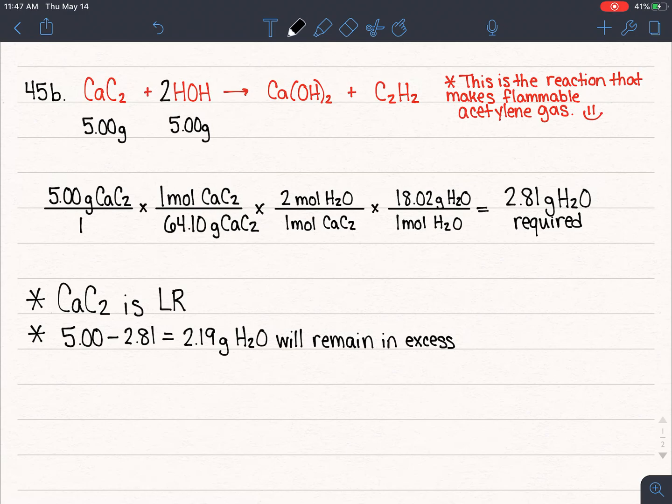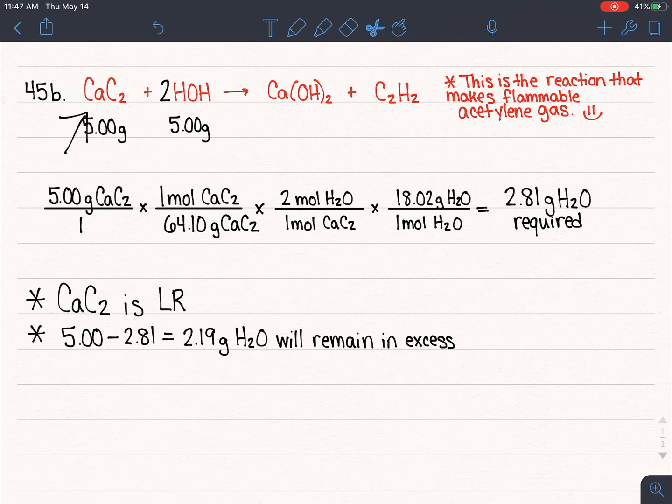All right, what I like to do is write down how much of each reactant I have. So I started by doing that, and I wrote 5 grams underneath each one of those. And then I had to make a decision as to which one I thought might be the limiting reactant. Again, it's okay to start off with just one by a guess, but sometimes you can make a really strong educated guess.